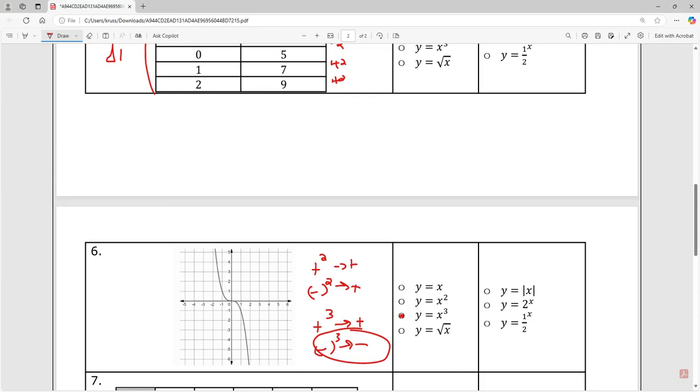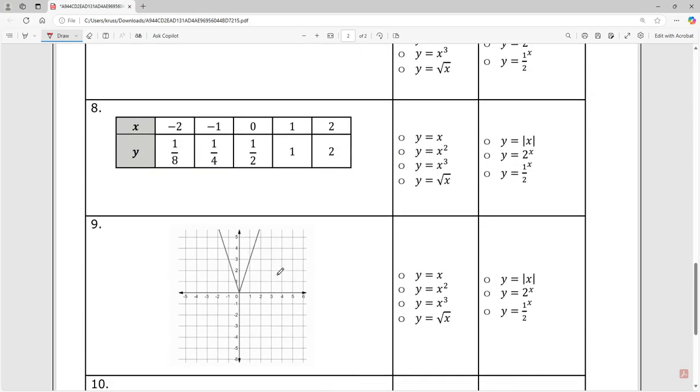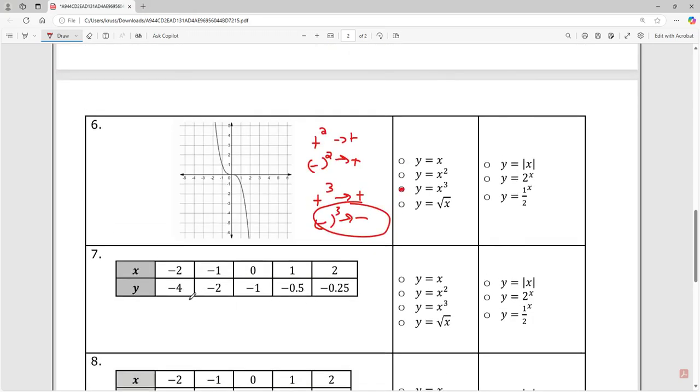Okay. All right, so let's look at the next one. The change in x is all +1 still, so how does y change? Well, from here to here, it went down by a half, right? So this divided by this is a half. This divided by this is a half. This divided by this is a half, right?